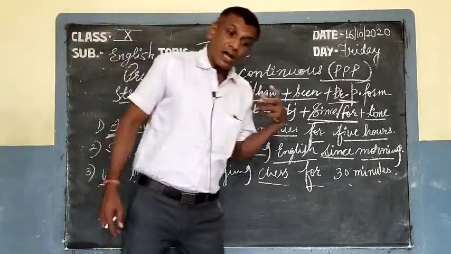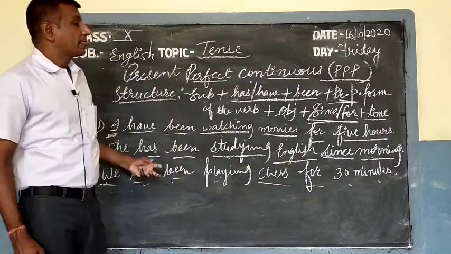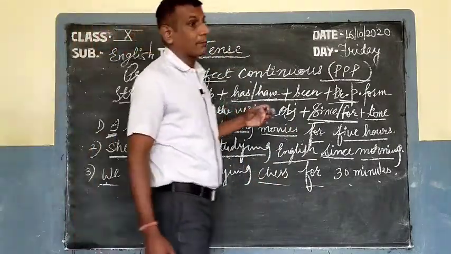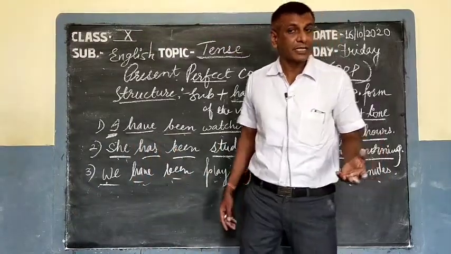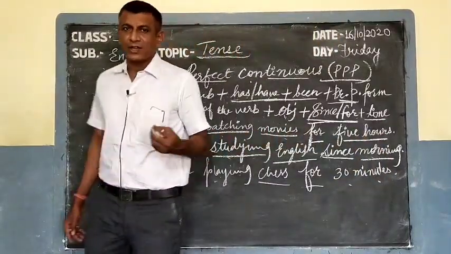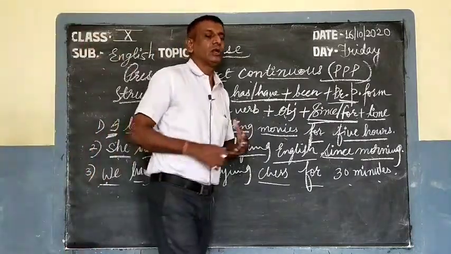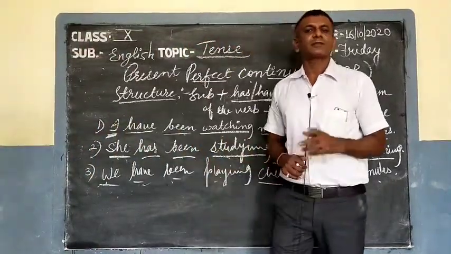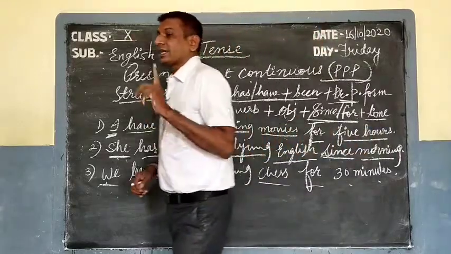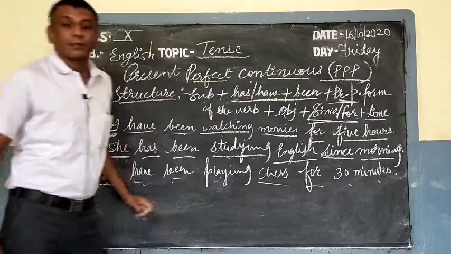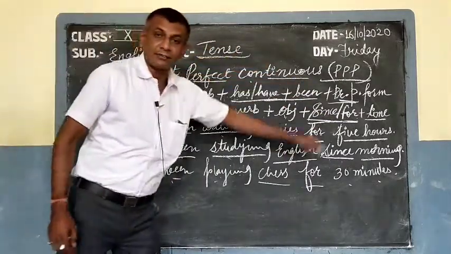One more thing: in exams the structure will not be given, the complete sentence will not be given. So how can you identify? With the identifying words which I have told you in the present indefinite, present continuous, present perfect, and now finally in the present perfect progressive.